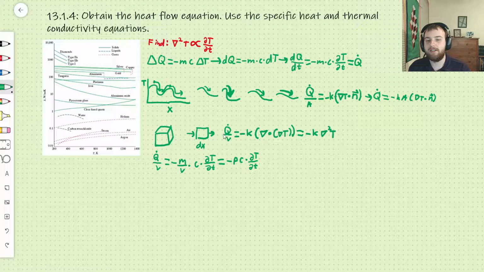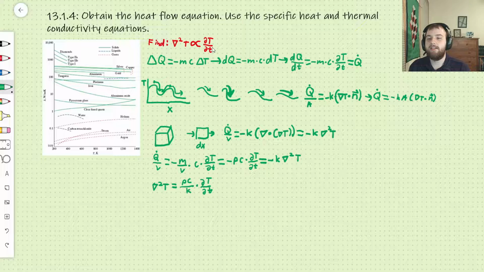We have two equations that are the same on one of their sides. So now we can set them equal to each other. Negative k Laplacian of T, and I'll rewrite this down here. Laplacian of T is equal to rho c over k del T del t.